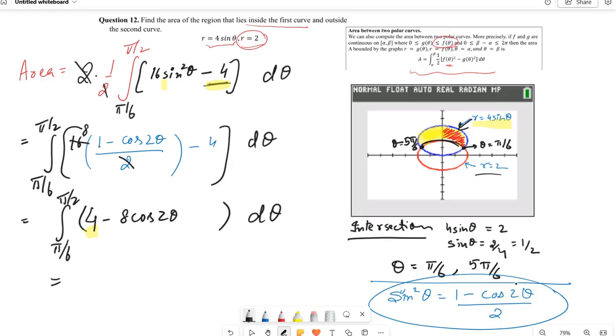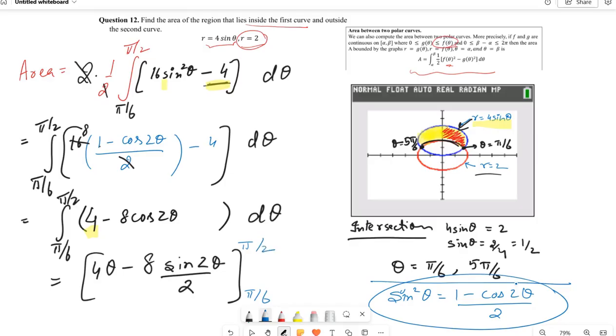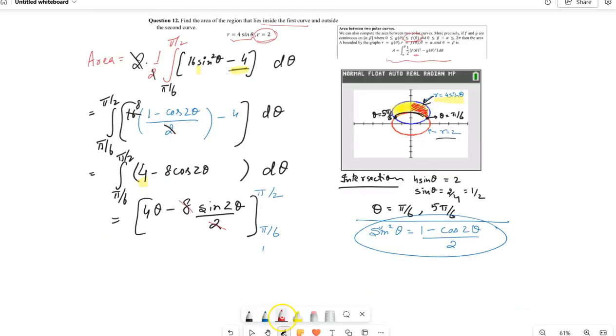What is the integral of 4? 4 theta. Minus the integral of cosine, which is sine 2 theta by 2, times 8. Once you're done with the integral, the limits are written on the right hand side. This 2 can cancel 4. So now we need to put the upper limit minus the lower limit.